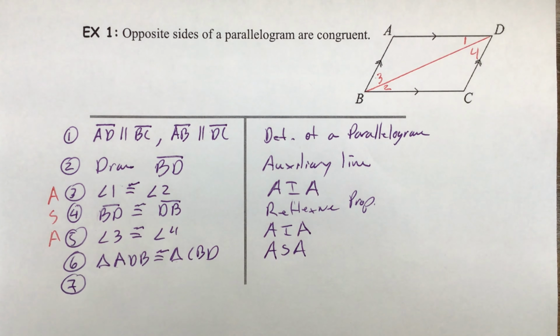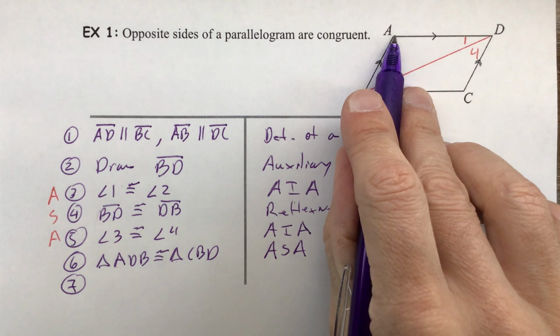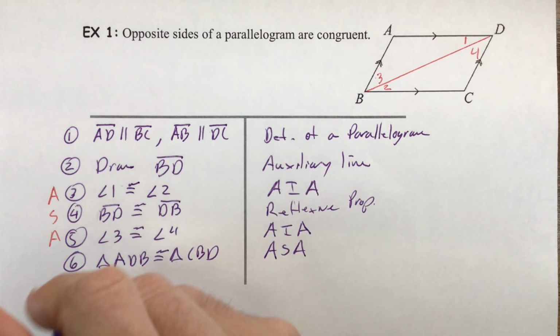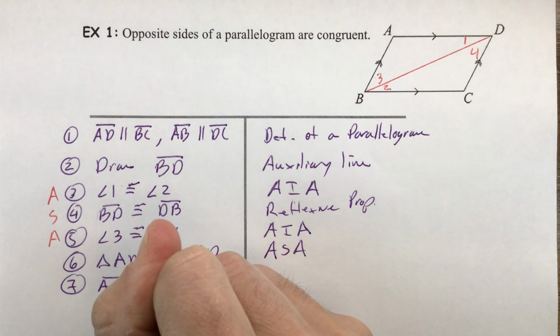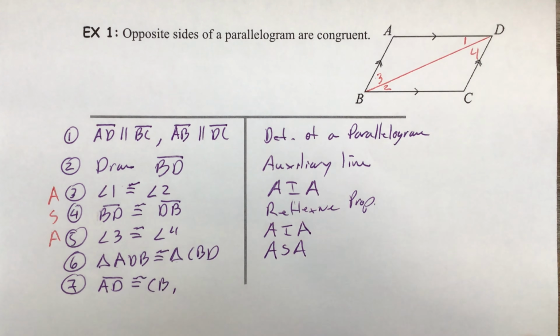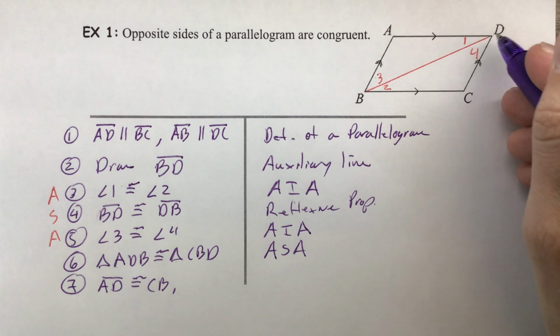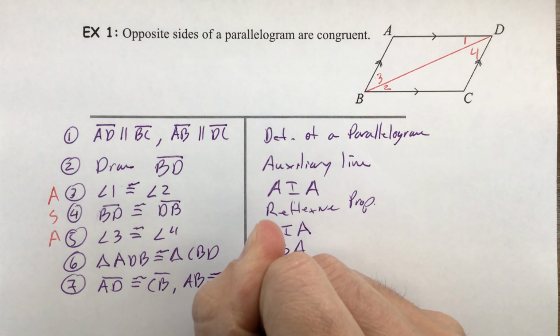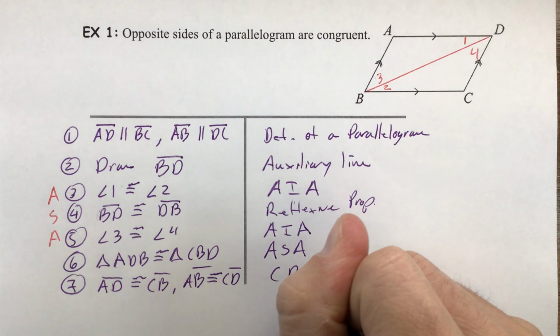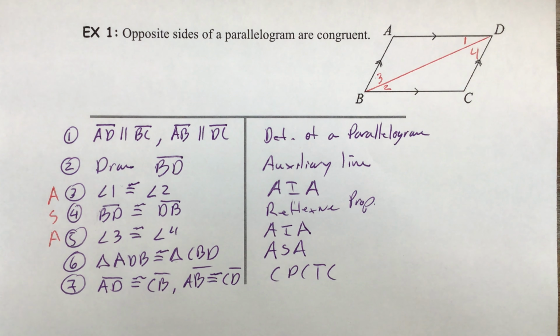And if they're congruent, then any of the corresponding parts will be congruent, like AD and CB, and AB and CD. CPCTC. Corresponding parts of congruent triangles are congruent.